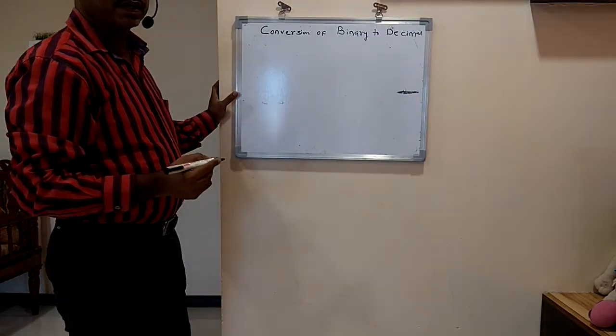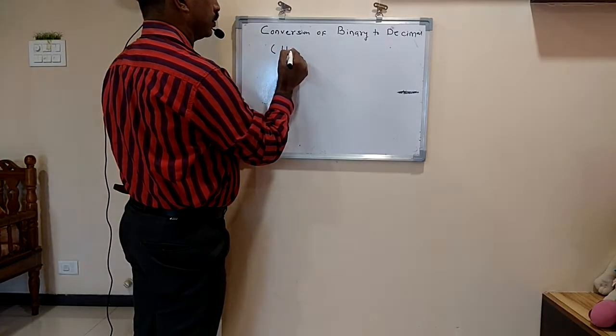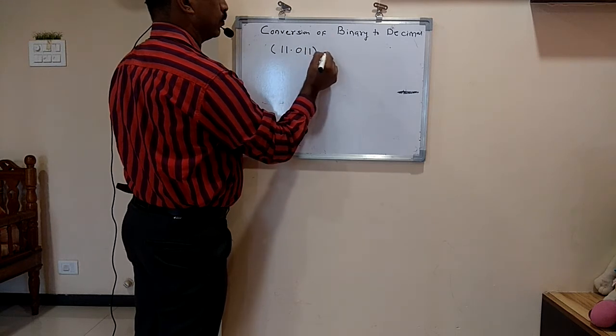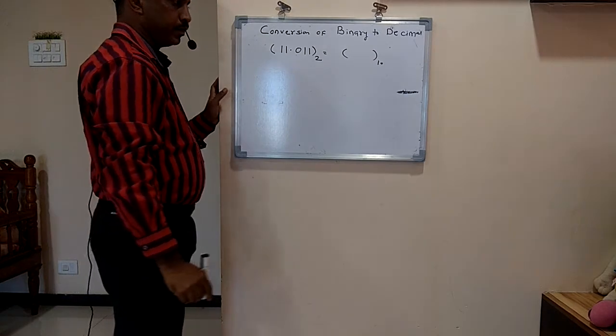Suppose we take any binary number 11.011 and we want to convert it into decimal number.